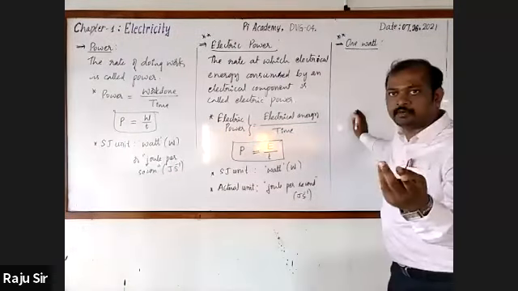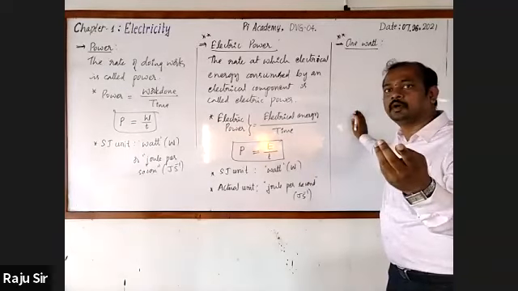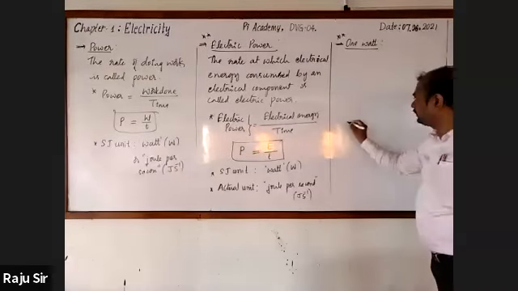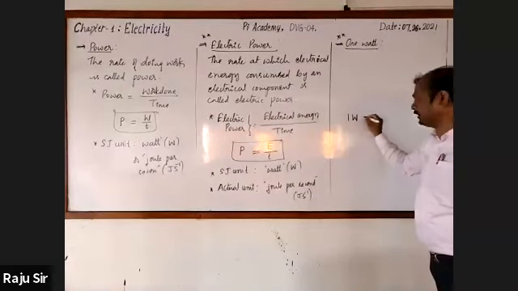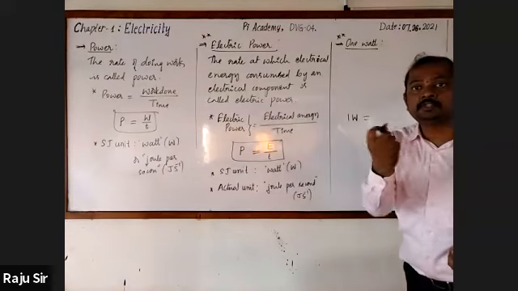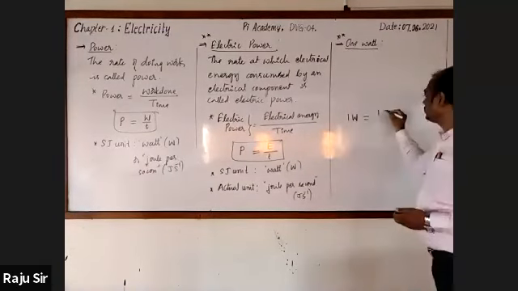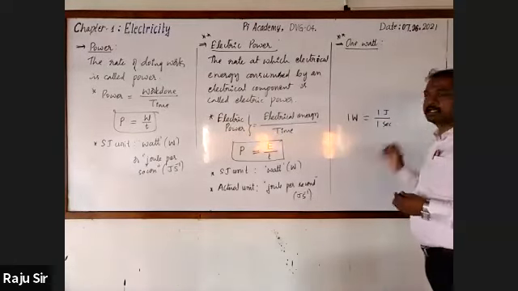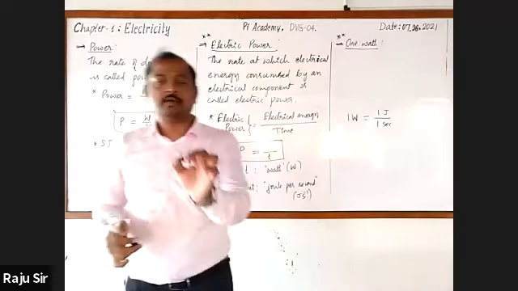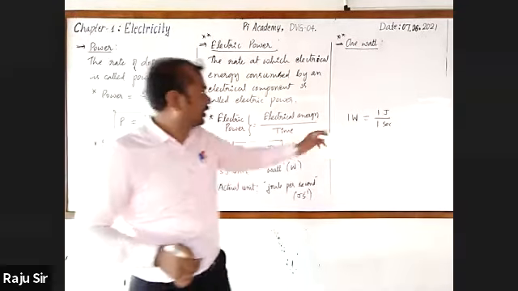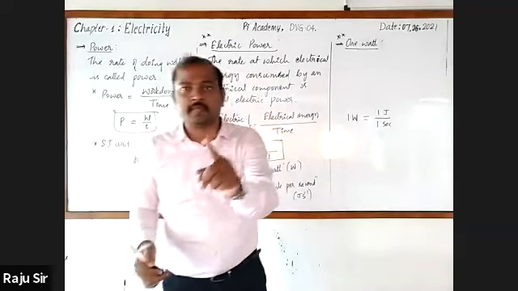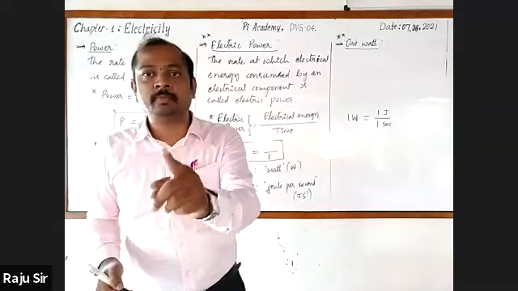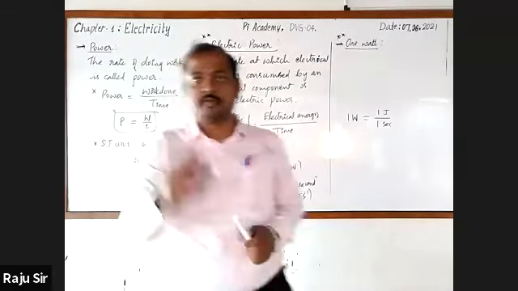The electric power of an electrical component is said to be 1 watt if it consumes 1 joule of electrical energy in 1 second. Once again, if an electrical component uses 1 joule of electrical energy in 1 second, then its power is said to be 1 watt. Right?